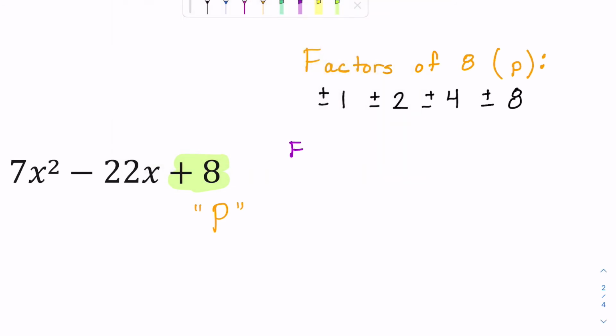Next, we have factors of Q. Q is a value of 3, so the only factors we have are positive or -1 and positive or -3.